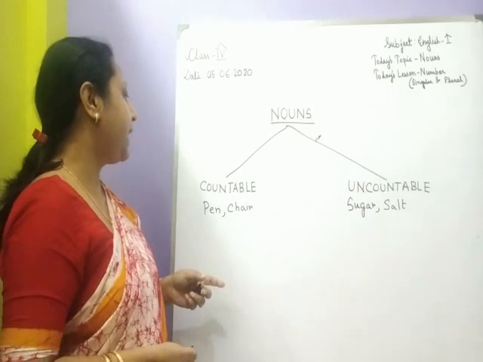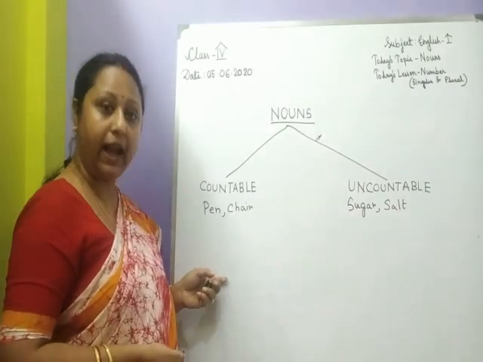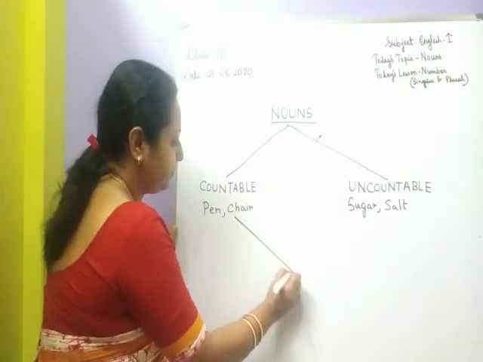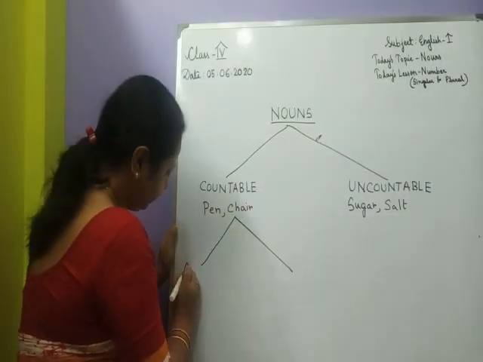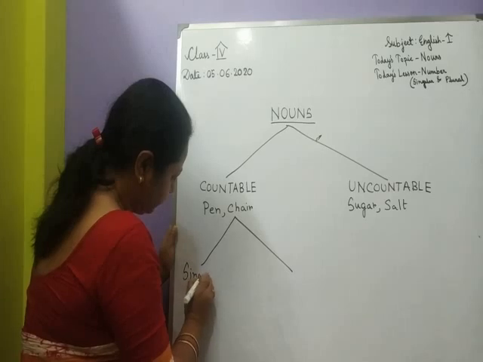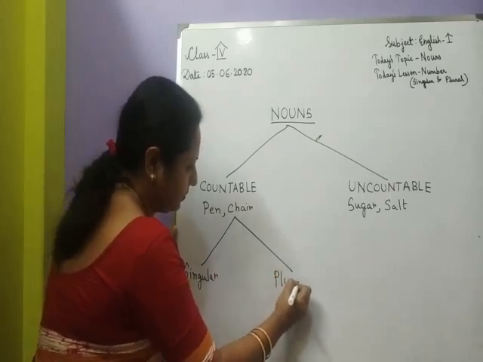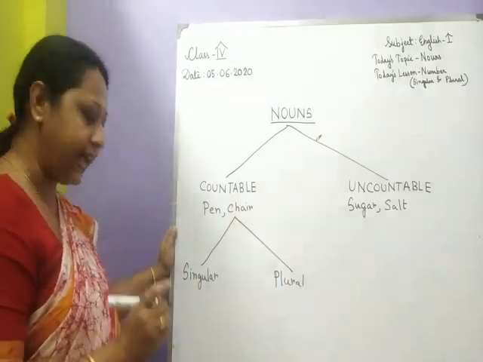Countable nouns can be classified in terms of number as singular and plural. Let me give you an example.